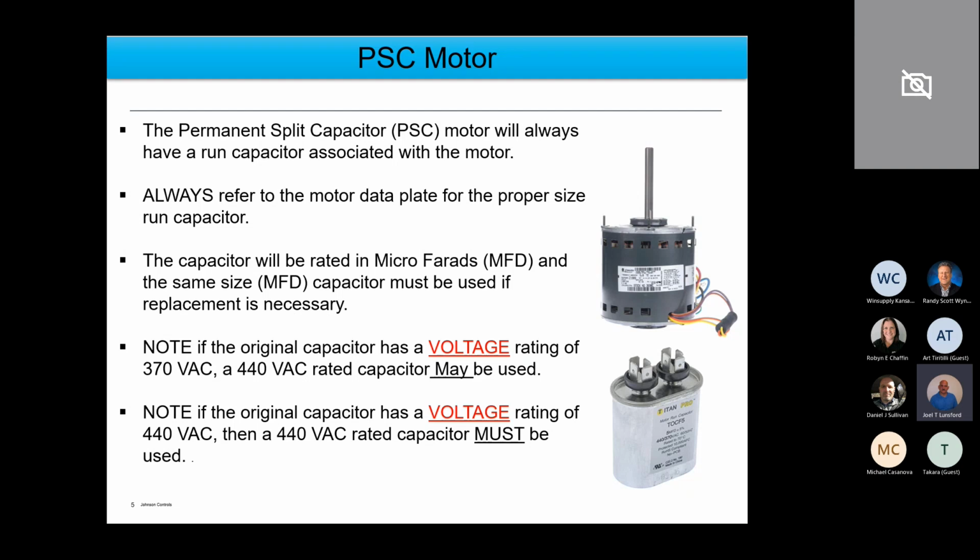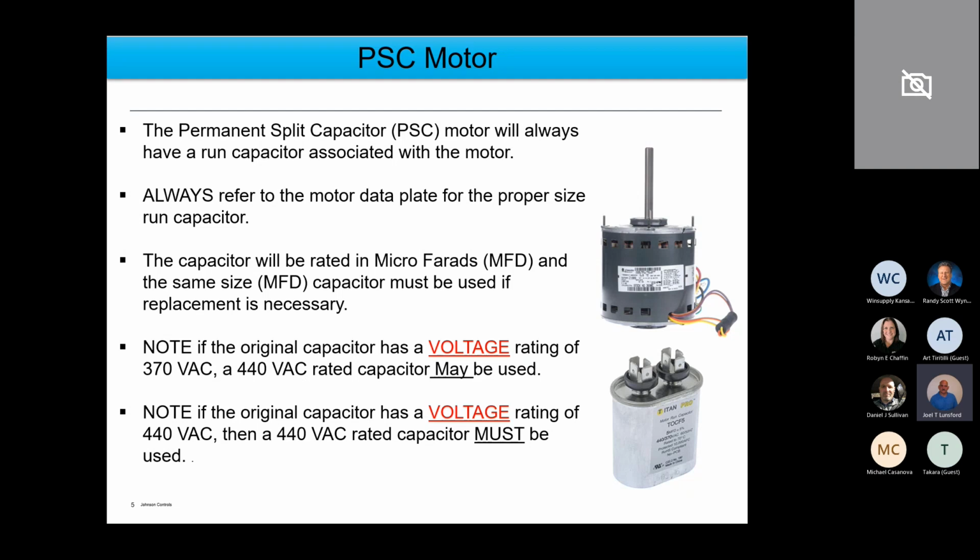So in summary, if I have a 370 volt rated capacitor, I can always go up to 440 volt, no sweat. But if I have a 440 volt capacitor, I have to replace it with a 440 volt capacitor. I don't want to go down on the voltage rating on a replacement capacitor.